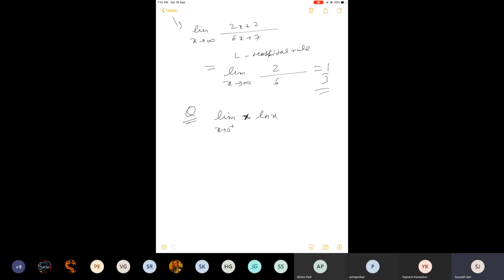Do you have any idea how to do it? So is the answer 0? Yes, the answer is correct. Can you explain?